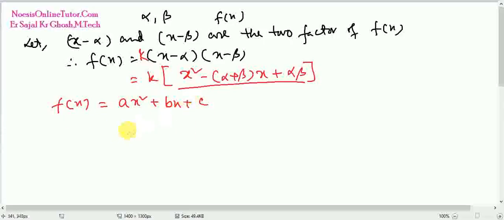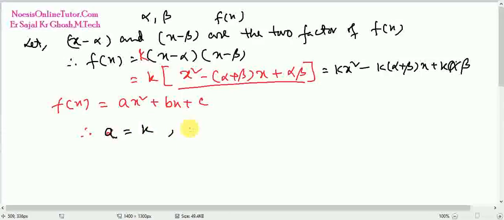By comparing this, we could write: this is equal to k x square minus k into alpha plus beta into x plus k alpha beta. Then a equal to k, and b equal to minus of k into alpha plus beta, and c equal to k alpha beta.